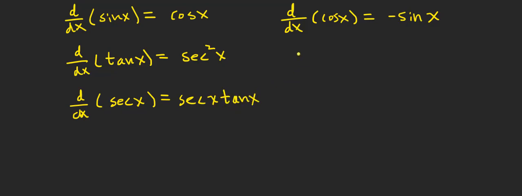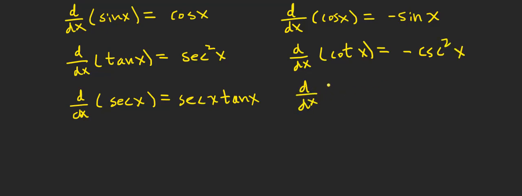Now, what about the derivative of cotangent x? The derivative of cotangent x is negative cosecant square x, and the derivative of cosecant x is negative cosecant x and cotangent x.